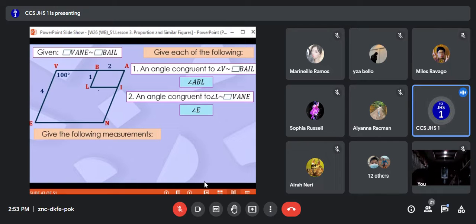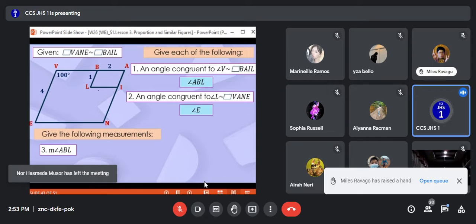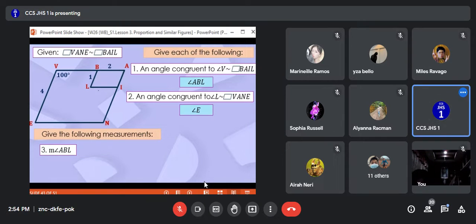Now give the following measurements. How much is the measurement of angle ABL using the given conditions? No one is raising a hand. I'm going to call anyone. Let's have Mar. 100 degrees, sir. 100 degrees is correct because they are similar, right? Corresponding angles si V and ABL.